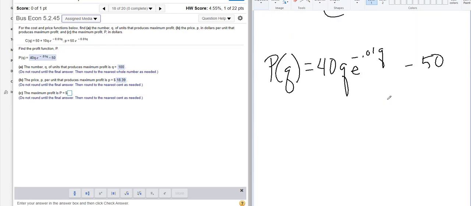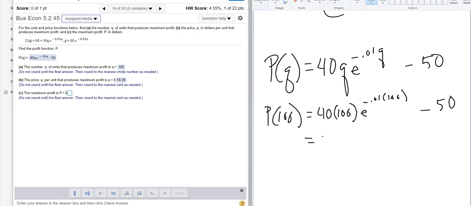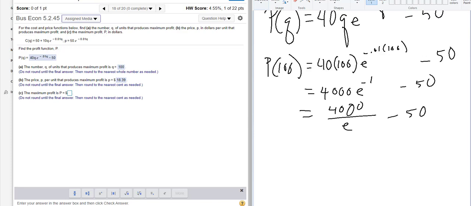So we've got to plug in P of 100, and that's going to give me 40 times 100 times e to the negative 0.01 times 100, and then subtract 50. So that's going to be 4,000 e to the negative 1, subtract 50. So that's going to be 4,000 divided by e, subtract 50.